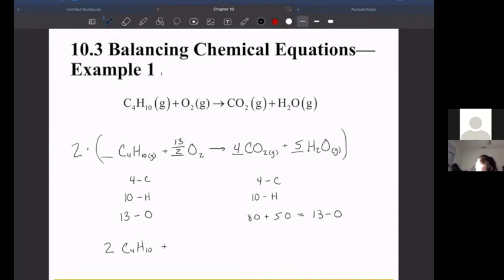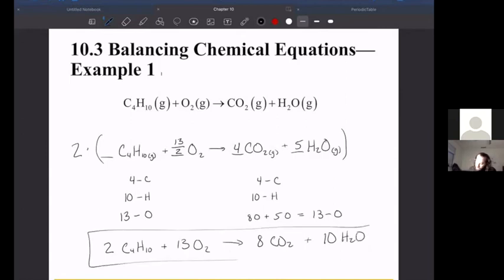C4H10s plus 13 O2s give me 8 CO2s and 10 H2Os. This is my final balanced chemical equation, because again, I can kind of update all my values by just multiplying them by 2. So 4.